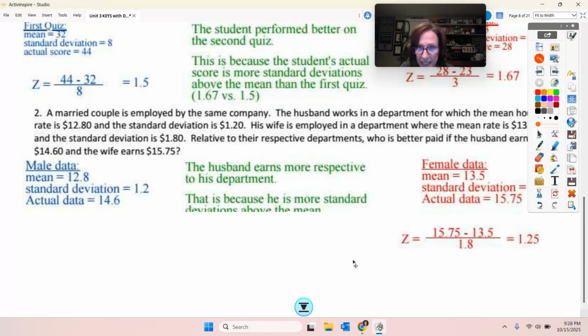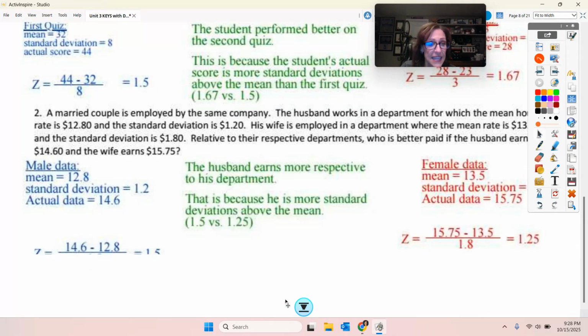Oh, interesting. So she actually makes more hourly, a higher hourly rate, okay, $15.75. But she's in a higher paying department, so relative to her department, she's at 1.25 standard deviations above her peers.